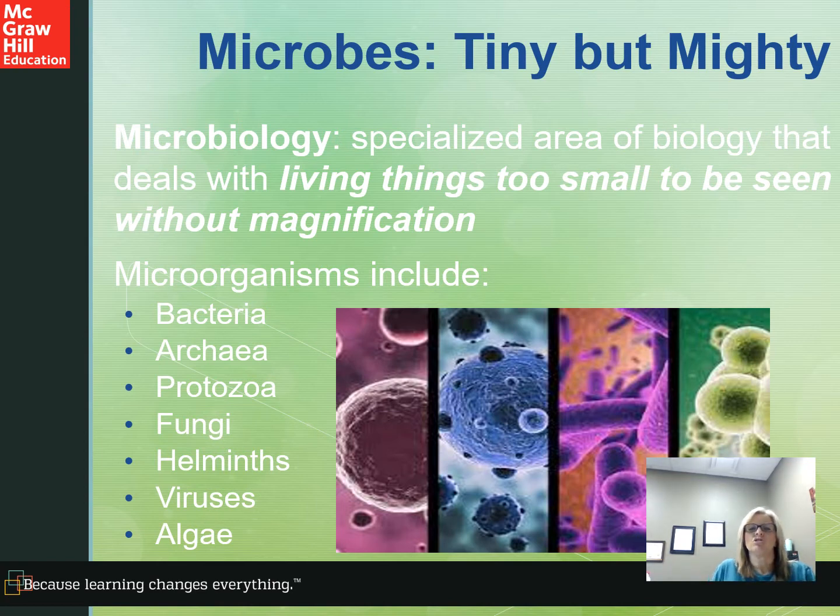Microbiology is, of course, that area of biology that deals with living things that we can't see without special magnification. We have 7 different classes of microorganisms that we're going to be looking at: bacteria, archaea, protozoa, fungi, helminths, viruses, and algae. Some algae can actually be based in the plant realm, but we're going to be looking at microscopic algae here.